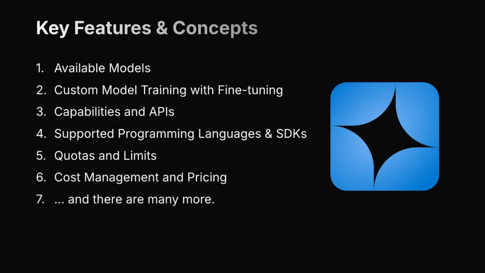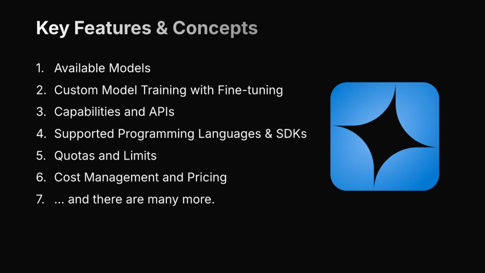Alright, let's explore some of the key features and concepts in Azure OpenAI Service. Remember, there are many more, but we will start with these foundational ones and build from there. First one is available models. Second, custom model training with fine-tuning. Third, capabilities and APIs.